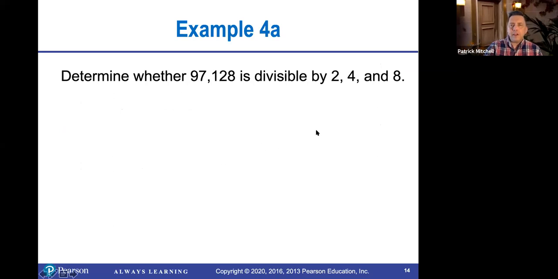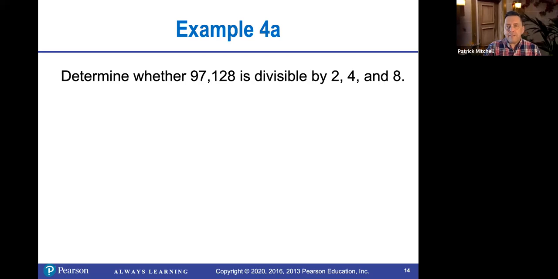Okay, so let's look at examples of some of those tests. Determine whether the number 97,128 is divisible by 2, 4, and 8. And I can tell you from experience, when you see a problem like this, it is not asking you whether the two numbers 97 and 128 are divisible by 2, 4, and 8. That is one single number there, all right?